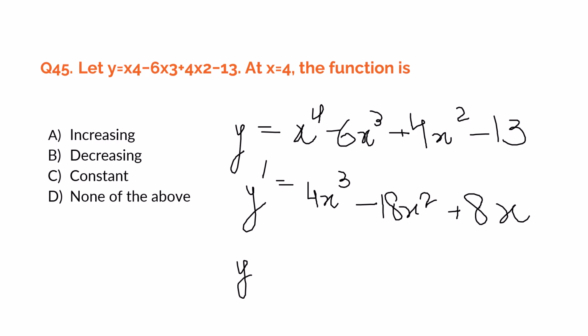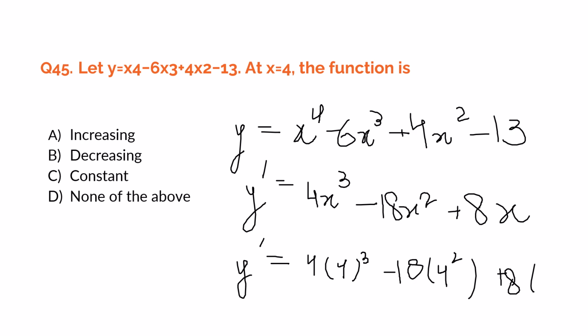So let's check the value of f dash when x is 4: 4 into 4 cube minus 18 into 4 square plus 8 into 4. While solving this, we get y dash equals 0. So that means it is a constant function.